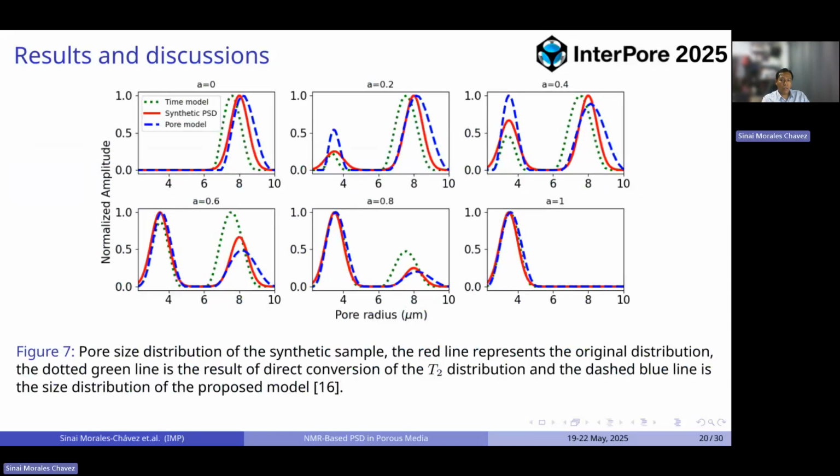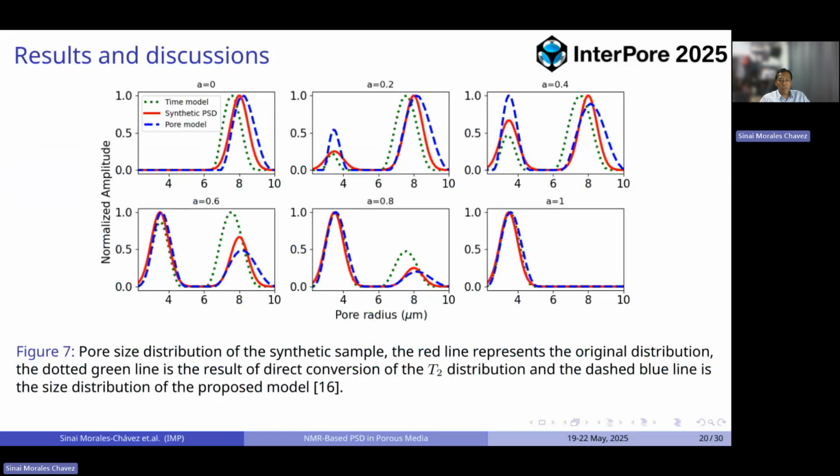In the next figure, we directly compare the original synthetic pore size distribution with the reconstructed distributions from the two inversion approaches. The red line represents the original bimodal distribution used to generate the signal. The dotted green line is the result of the direct T2 to radius conversion, and the blue dashed line is the output of our proposed inversion model.